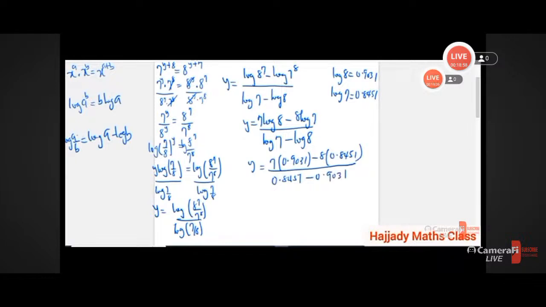Solving this, my numerator is going to give me minus 0.4391 over minus 0.058. Finally, I can say that my y is approximately 7.571. So this is my final answer.